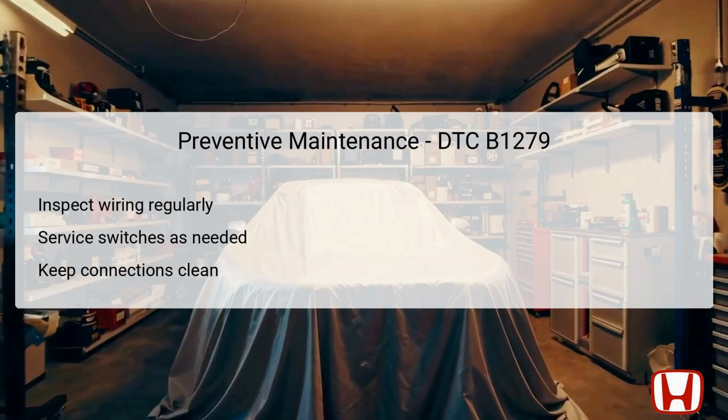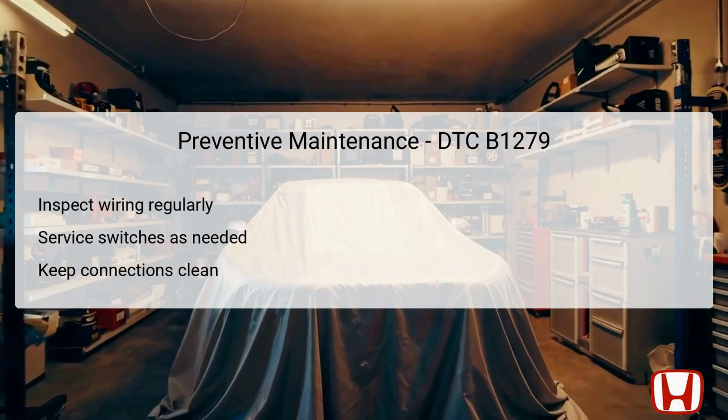Preventive maintenance is always key in avoiding DTC B1279 and similar issues in the future. Regular inspections of the wiring associated with the dimmer switch and other electric components can catch potential problems before they worsen. Additionally, servicing the vehicle's switches periodically can ensure their functionality remains optimal.